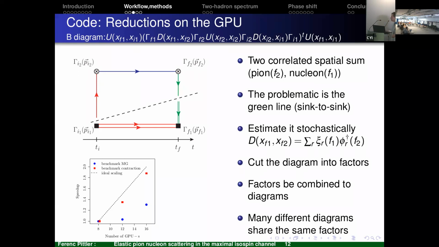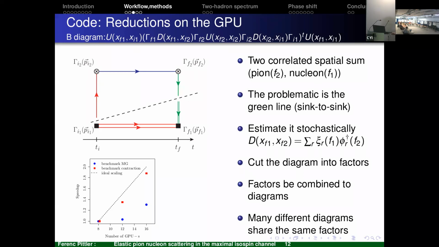What we do is estimate this stochastically. We use a few random vectors, do the inversion on these random vectors, and approximate the propagator using the spectral decomposition.